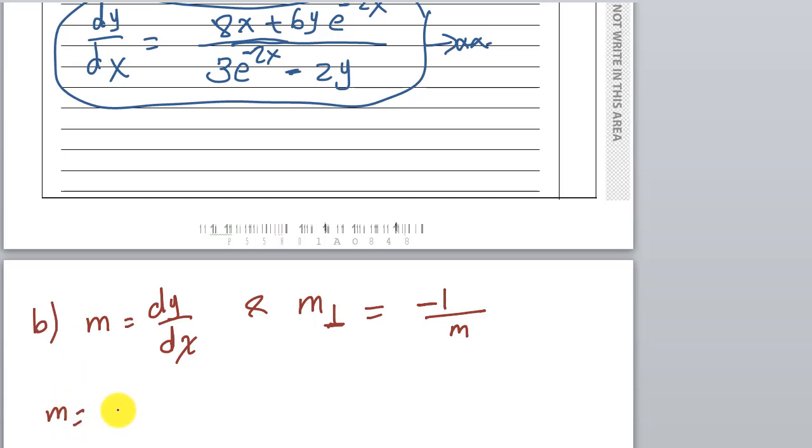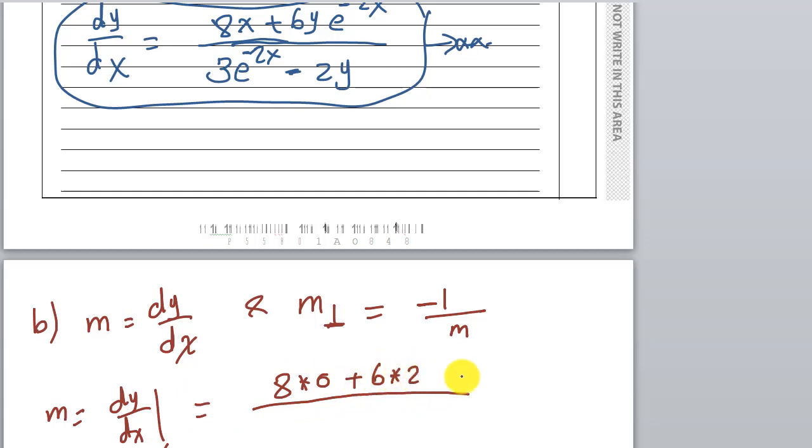m equal to dy/dx at point (0, 2). So it's equal to 8 multiplied by 0 plus 6 multiplied by 2 e^0 divided by 3e^0 minus 2 multiplied by 2.